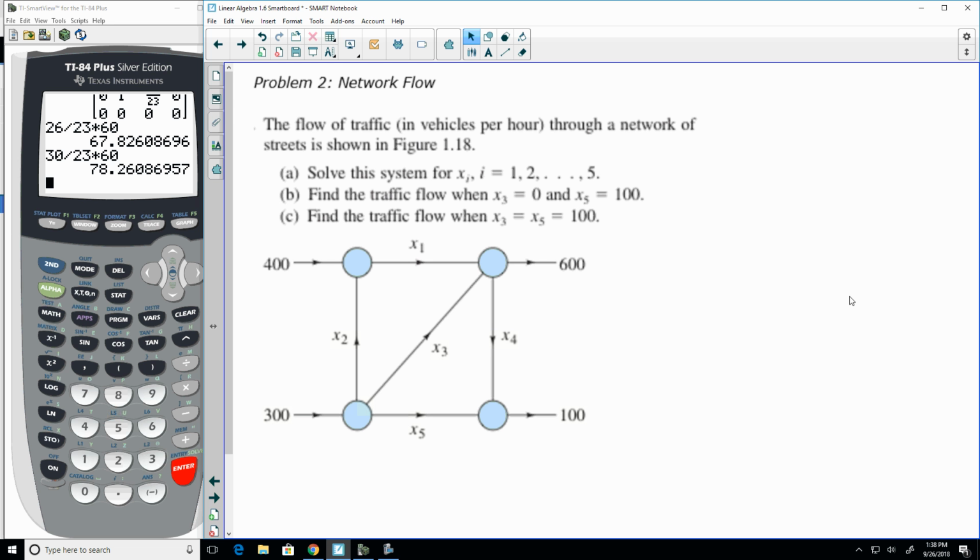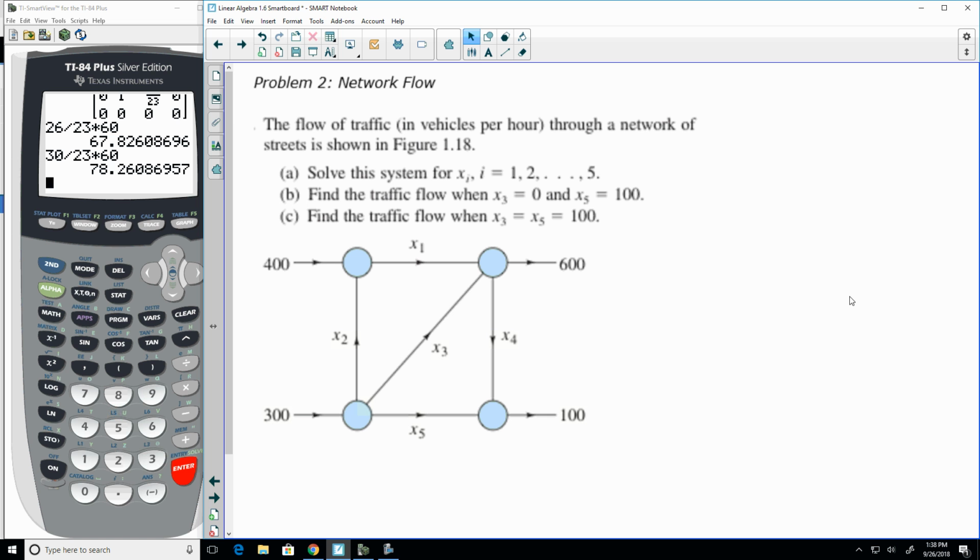So we have 4 intersections. We have 5 variables, and the variables represent the traffic flow between the intersections. We want to first solve the system for each variable, x1, x2, x3, x4, and x5. So we have to come up with equations.